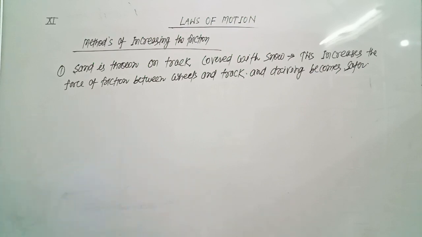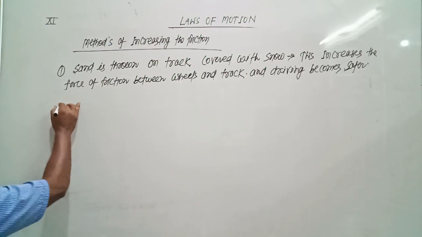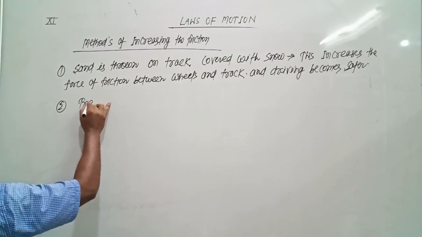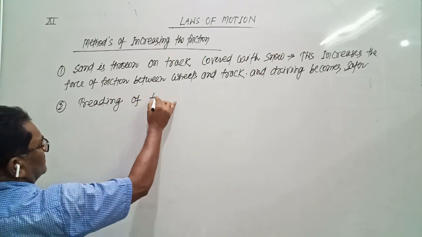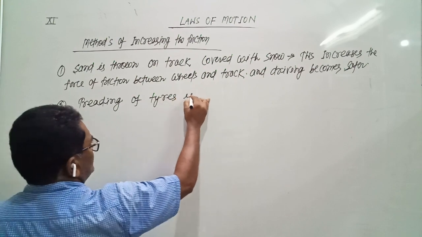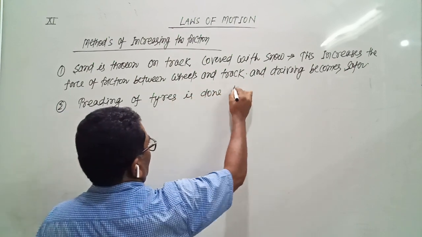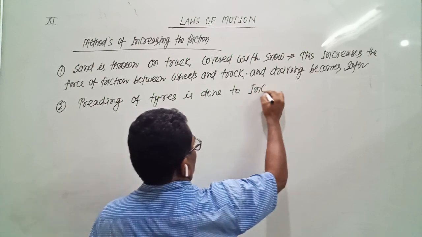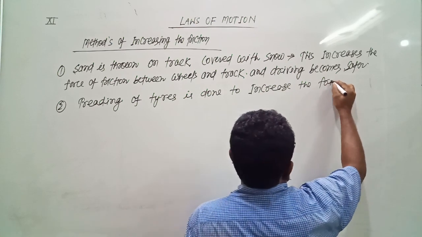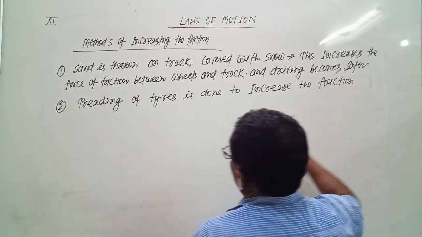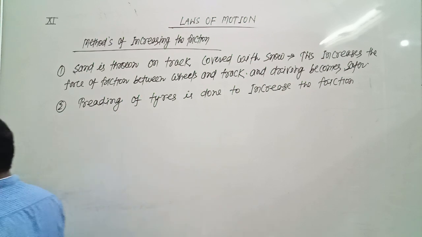The second is treading of tires. Treading of tires is done to increase the friction between the roads and tires.